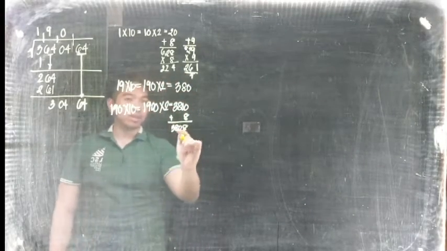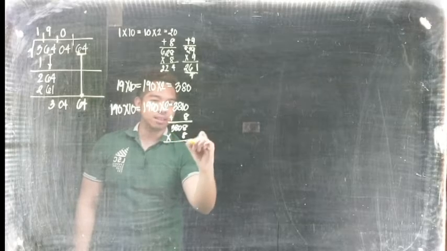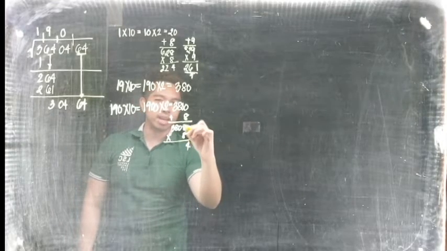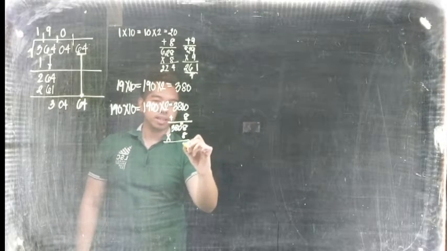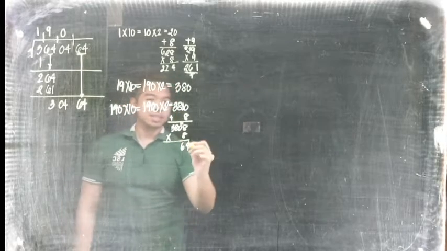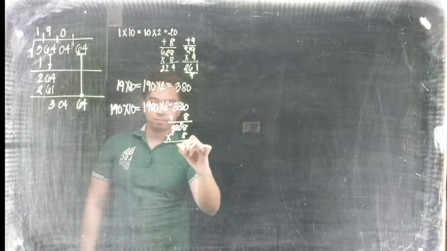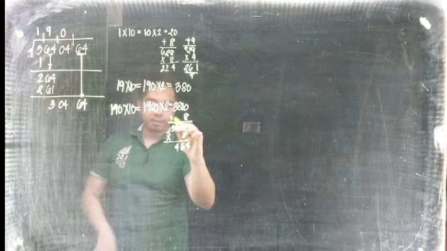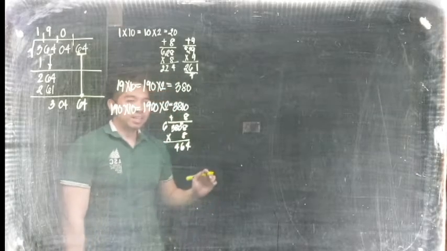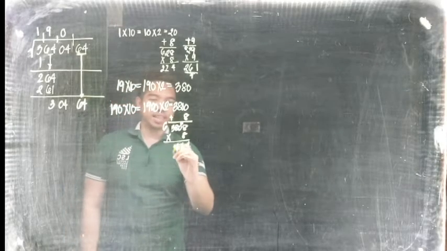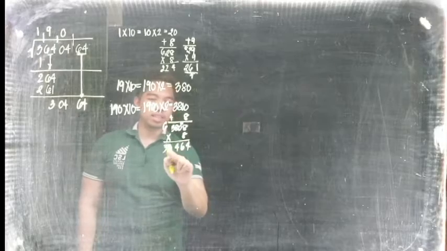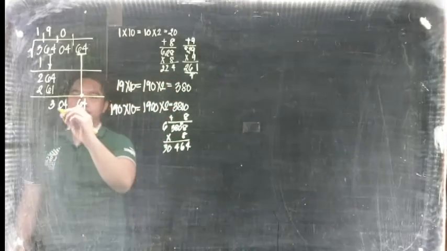So 3808 times 8. So 8 times 8 is 64, carry 6. 0, 6. 8 times 8 is 64 ulit. Carry 6. 8 times 3 is 24. Plus 6 is 30. So 30464. So sakto siya.